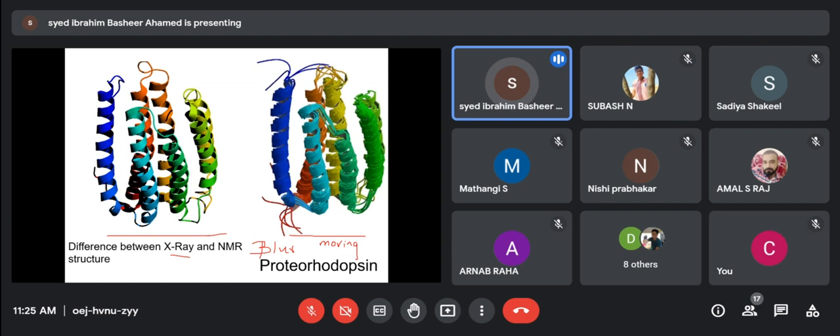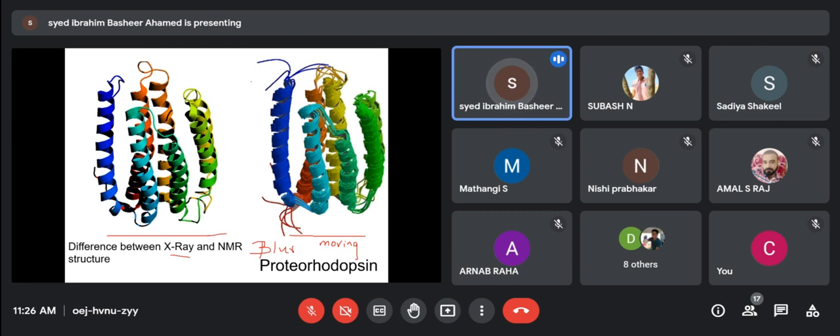Okay. So what will happen? You are trying to take a photograph of a moving object. The image will be blurred, right? In that case, if you want to take the picture, you have to take images several times.